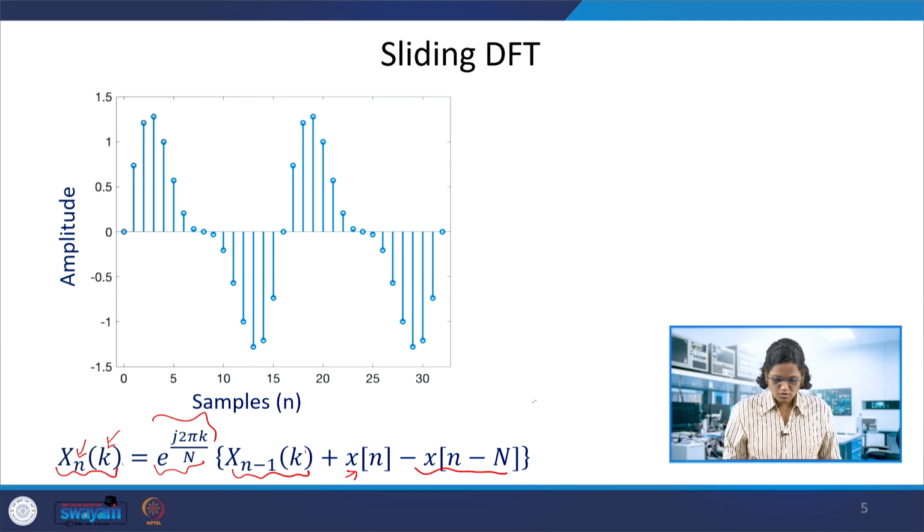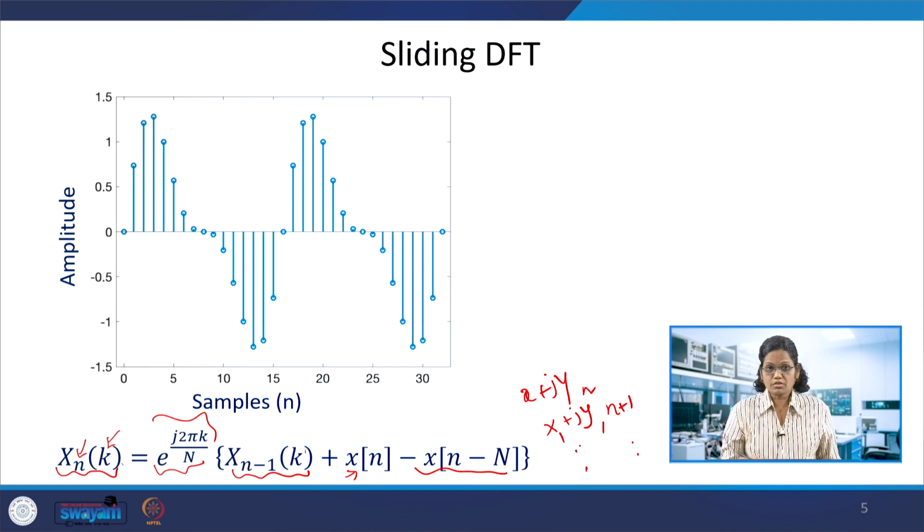Each output is x plus jy at instant n, and then at the next instant n plus 1, x1 plus jy1, and similarly for all other instants. If you take x and y, or the magnitude and phase separately, we can plot the magnitude and phase instant-wise, or the real x's and the imaginary y's, so that we get the real and imaginary points.